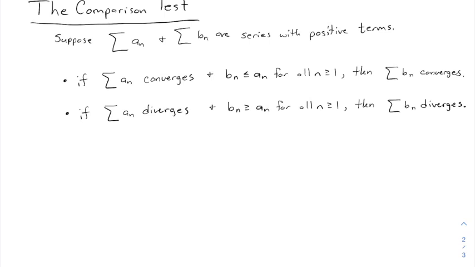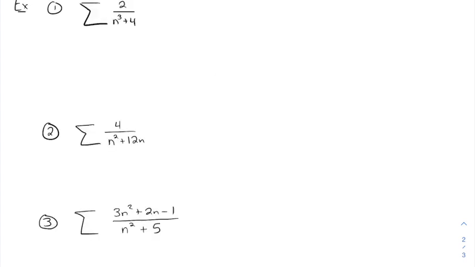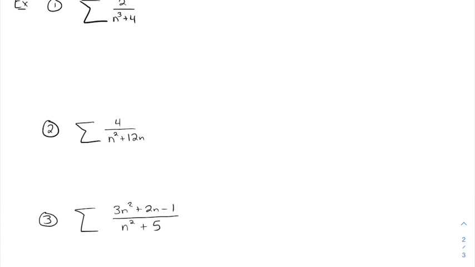So let's look at some examples. Okay, this example 1, we've got 2 over n cubed plus 4. Now, what I'm going to do is compare that to 2 over n cubed. On these examples, I'm not putting in the starting point and the infinity on top. We can just assume those to be 1 and infinity.